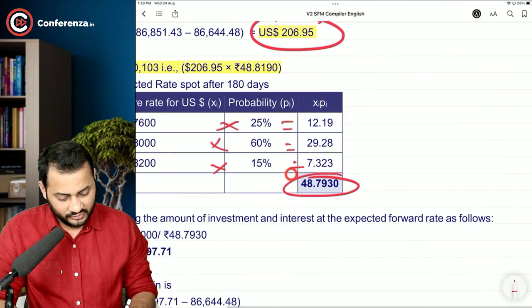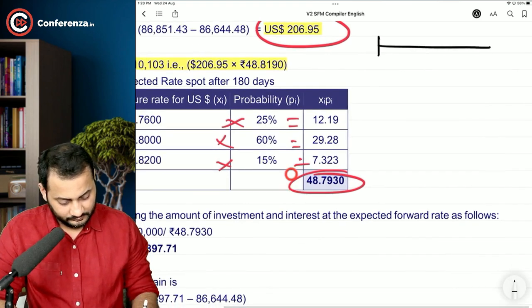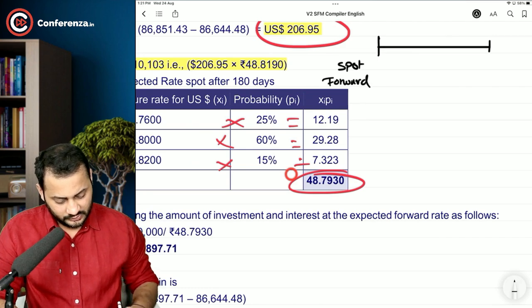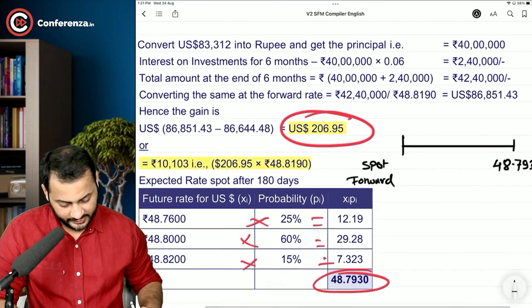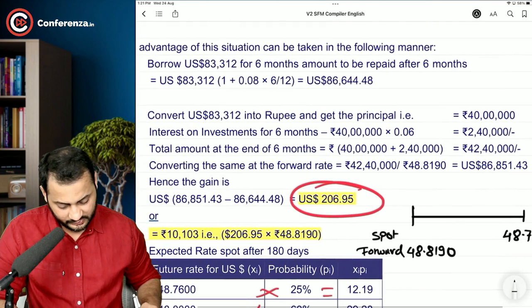Now understand through this timeline. This is spot, this is forward. So this is the expected spot rate 48.7930, and 48.8190 is the forward rate for the same date.